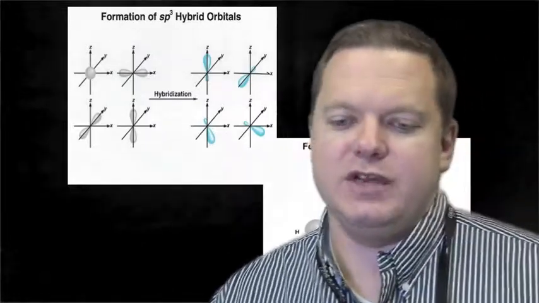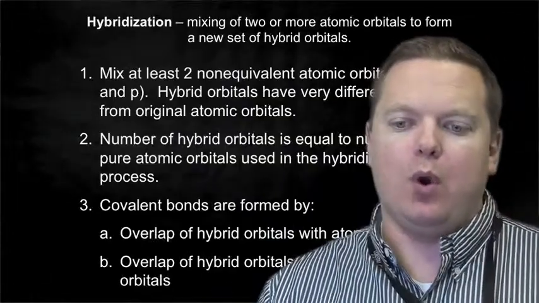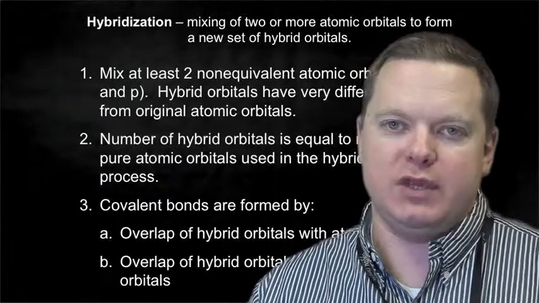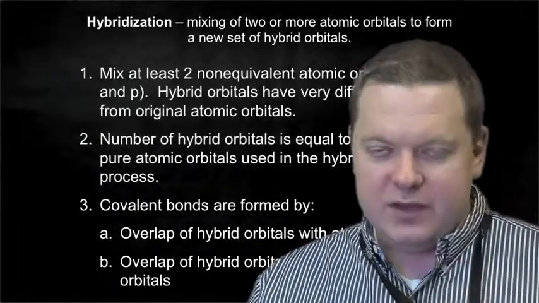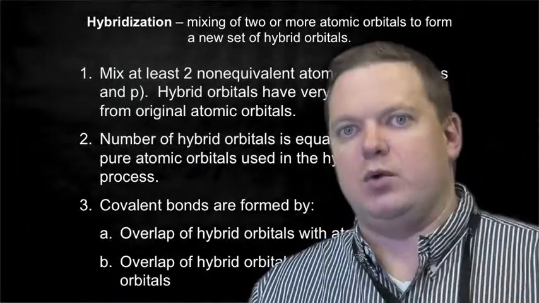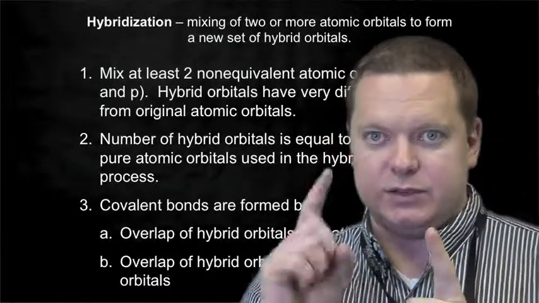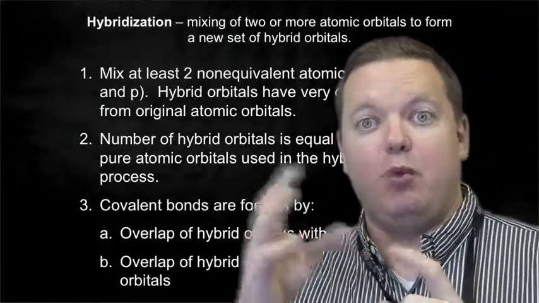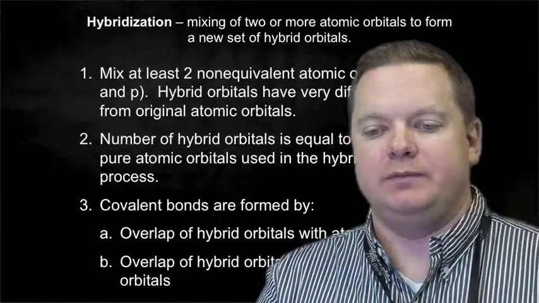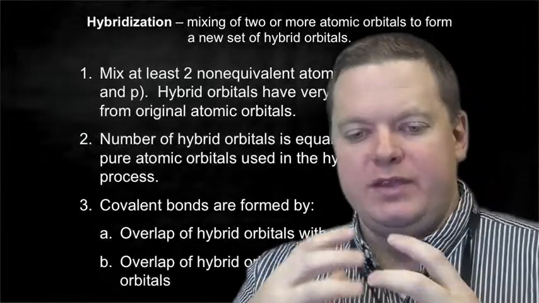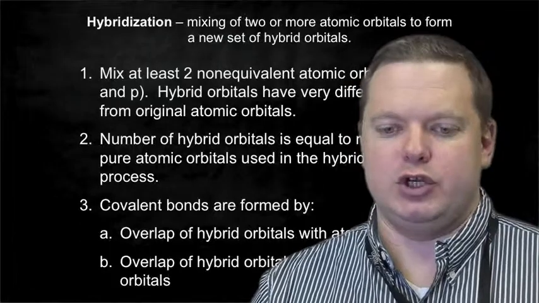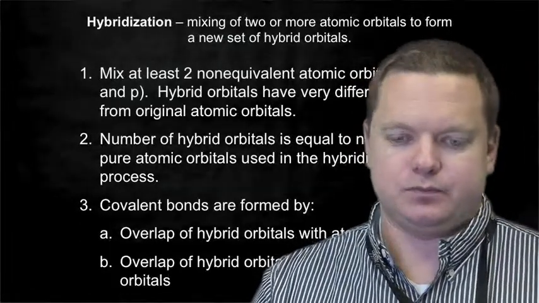So in hybridization, we're mixing 2 or more atomic orbitals to form a new set of orbitals. The key is that we have to mix 2 non-equivalent orbitals. We have to mix at least an s with a p. We can mix more than that, but that's the minimum. And these new resulting orbitals have a different shape than the original orbitals.